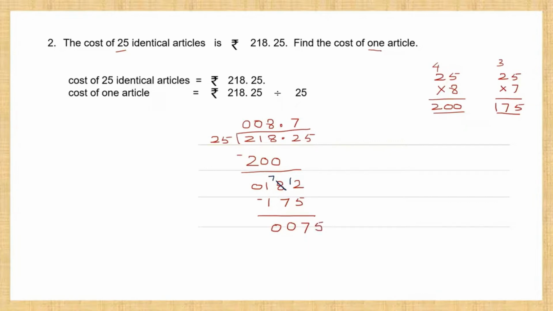Now my number is 75. 25 threes are 75 minus. Okay, so we have completed our division. So now we have found the cost of one article, which is 8 rupees and 73 paise.